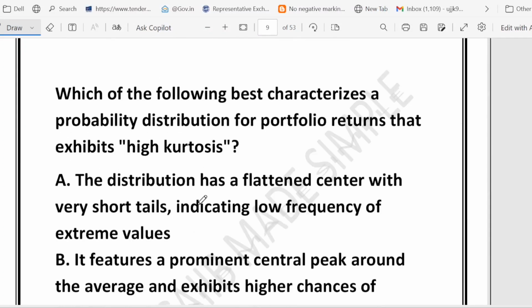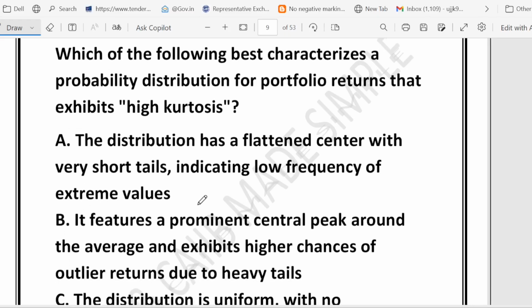Yes, high kurtosis. Very good question it is. The question is asking about kurtosis, a concept in statistics that helps us understand the shape of a return distribution in finance. Which of the following best characterizes a probability distribution for a portfolio return that exhibits high kurtosis? Option A: the distribution has a flattened center with a very short tail, indicating low frequency of extreme values.